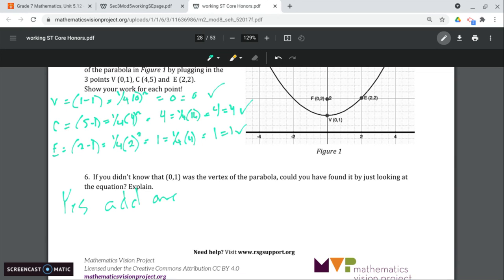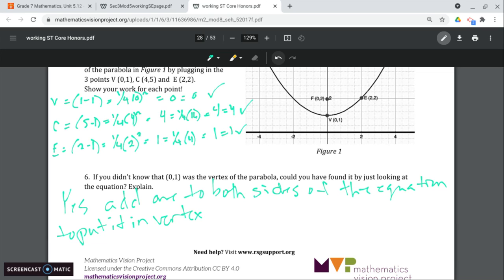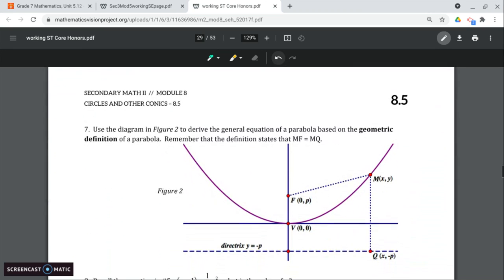Add 1 to both sides of the equation, and to put it in vertex form: y equals 1/4 (x minus 0) squared plus 1. Vertex (0, 1), as we can see from right there. All right.